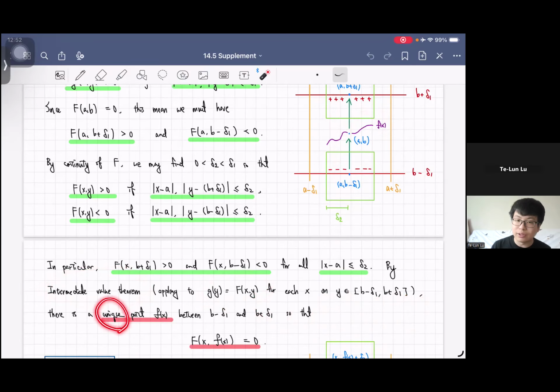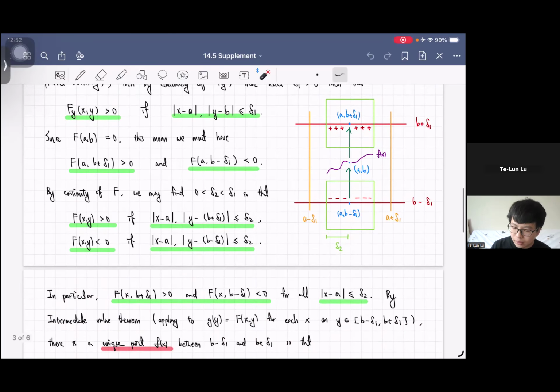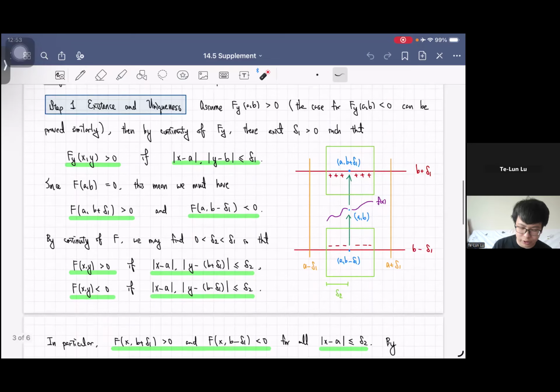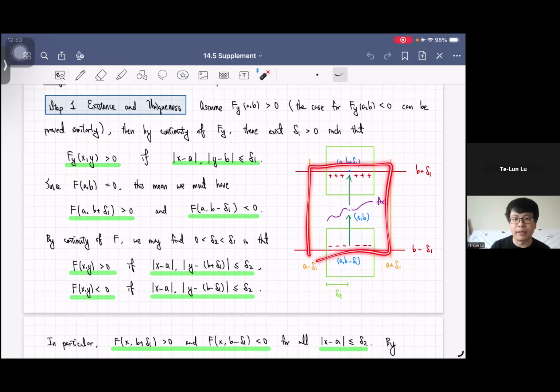However, why is it unique? Why is it not possible for you to have different options of 0 along a particular line? That is because of the first assumption, which is that Fy(x,y) is always positive on this box. So basically, we're saying that you're increasing from this negative value all the way to this positive value. That means you cannot have two points that share the same value, because you're strictly increasing, right?